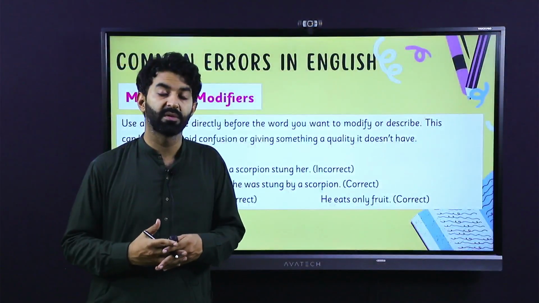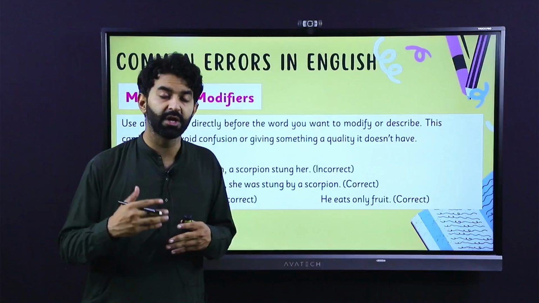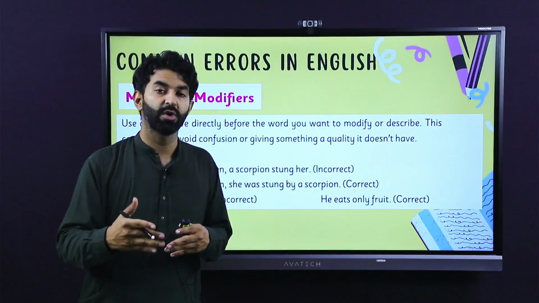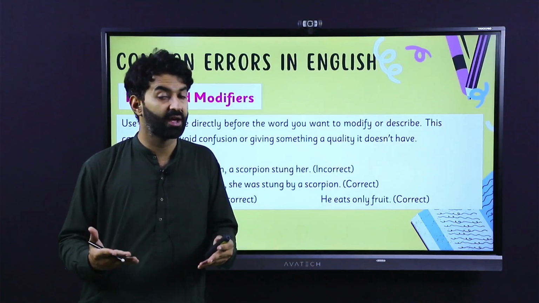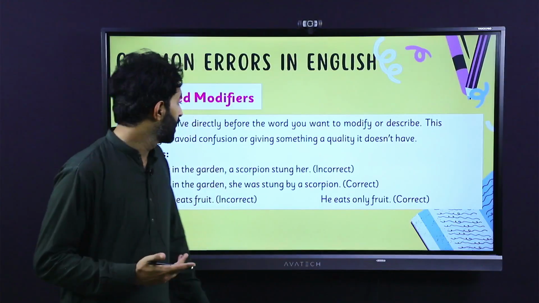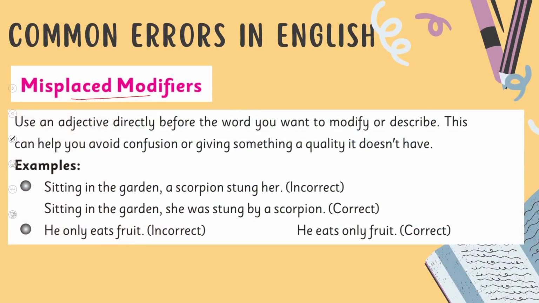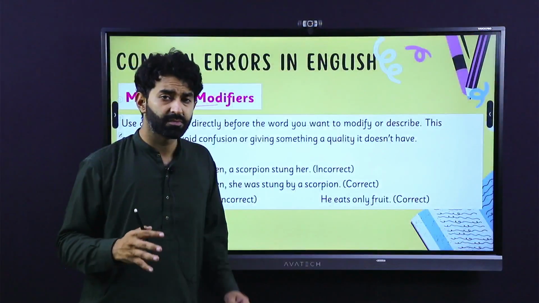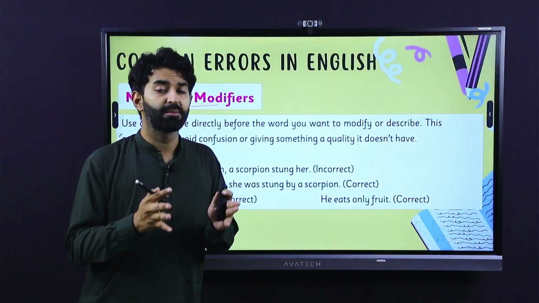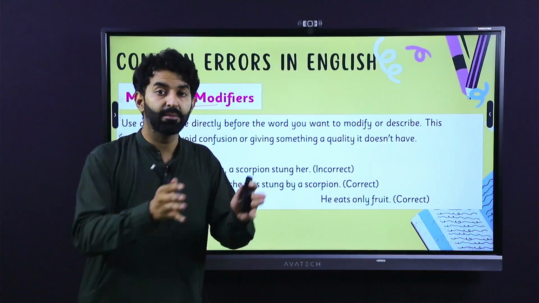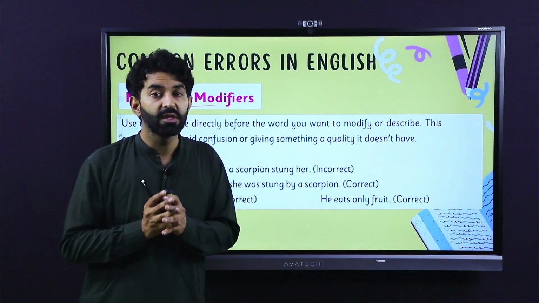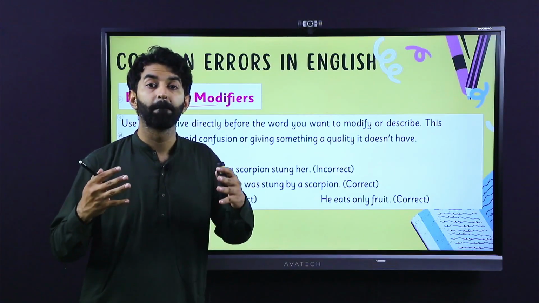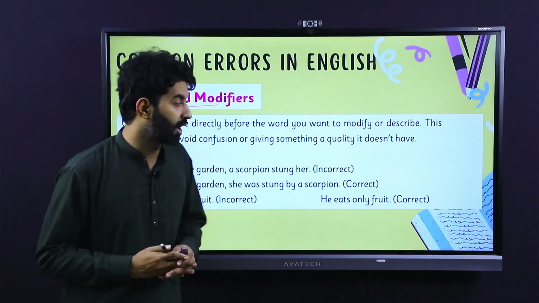It is coming from the word modify, which means to add something into it, to bring a slight change or an additional extra information. So, when we are using modifiers like adjectives, adverbs, adjuncts, if we are not using them correctly and placing them incorrectly in any other place, this will be considered as a misplaced modifier.